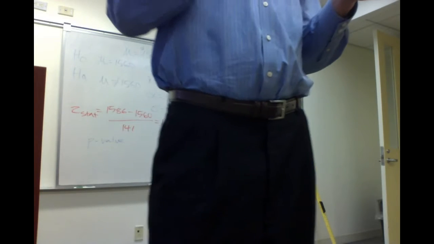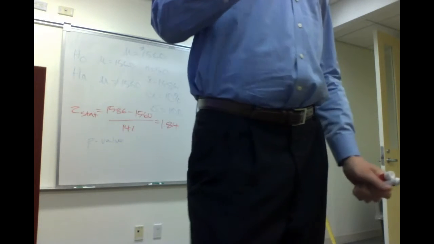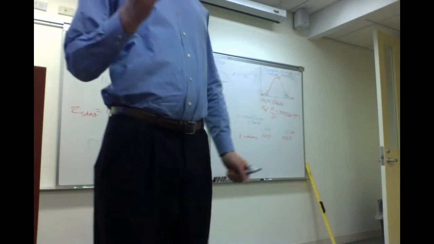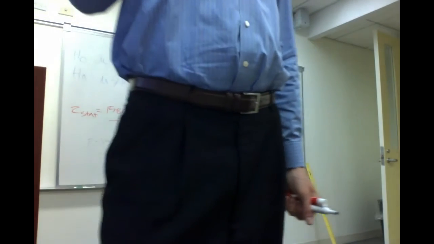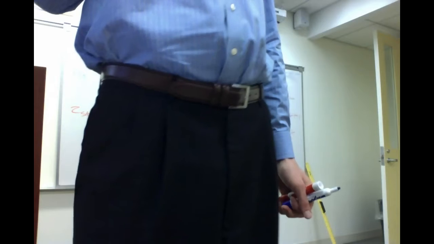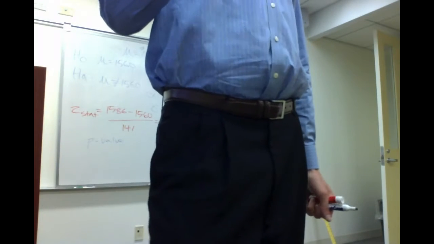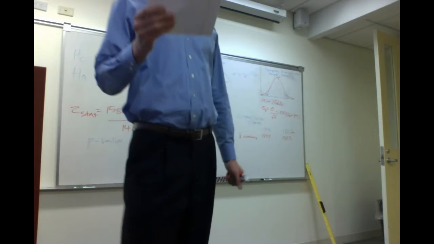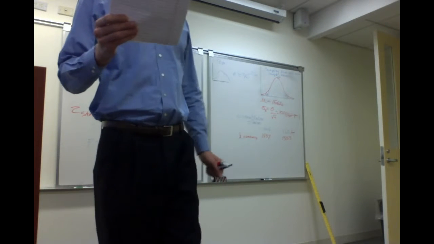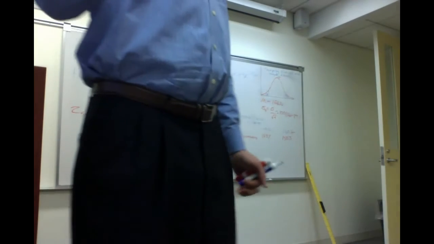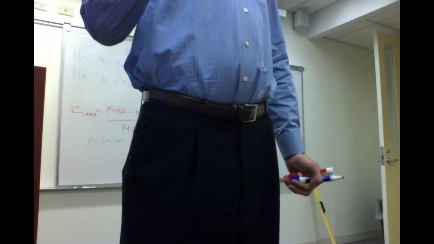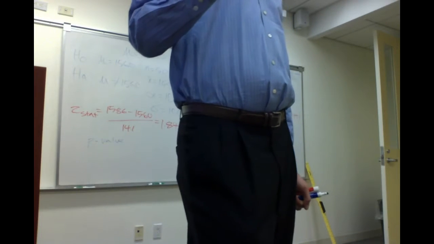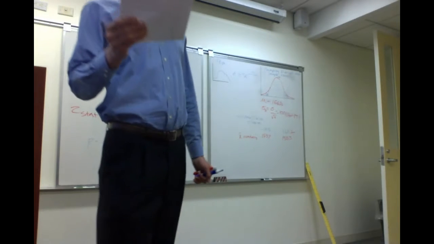The p-value is the exact probability that, given the true null hypothesis, we would find a sample mean at least as unlikely as we did.